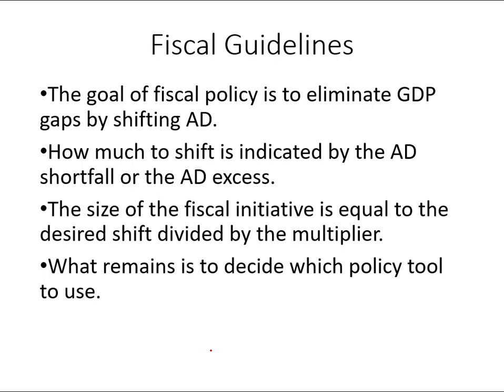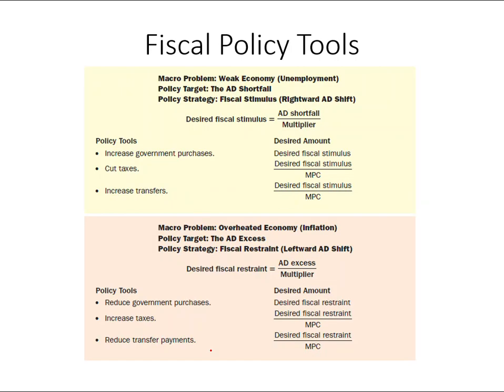Now in these charts and slides, it summarizes all the formulas we learned. That's why I said simple rules, and we don't want to complicate things. Generally speaking, you have to know what is the desired fiscal stimulus, or what is the desired fiscal restraint. They look very similar, but the numerators are a little bit different.